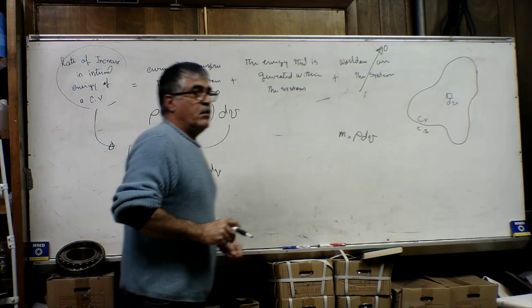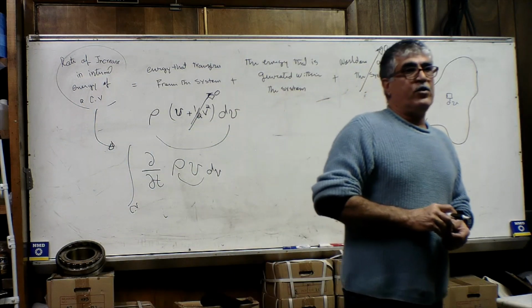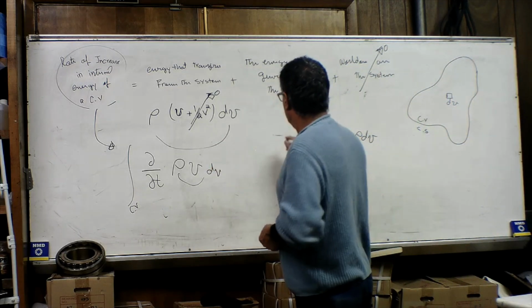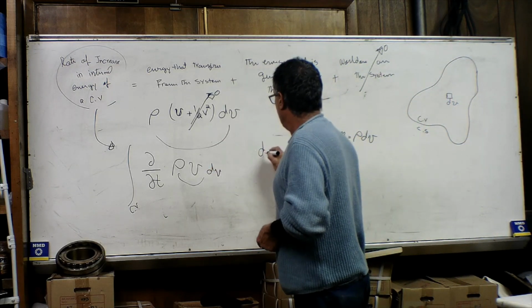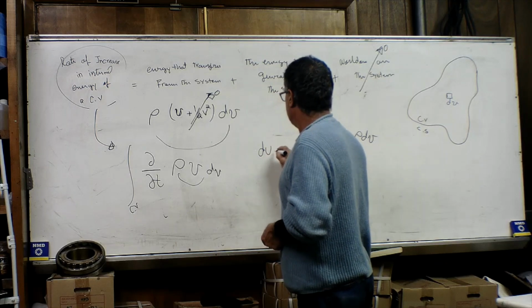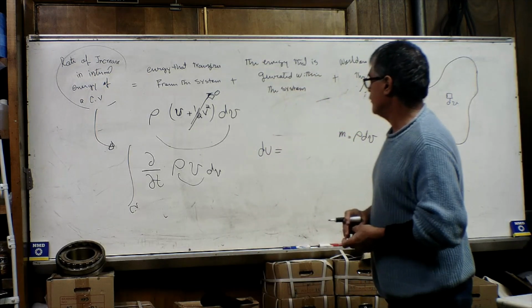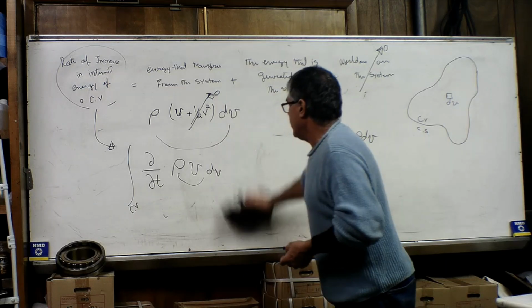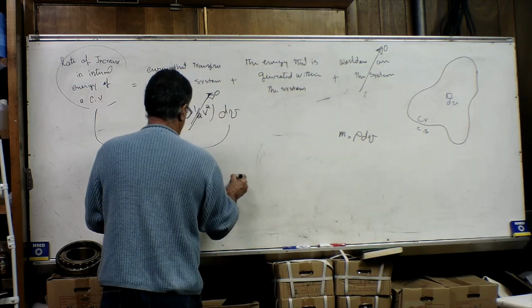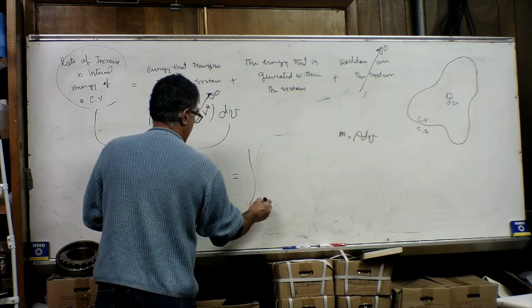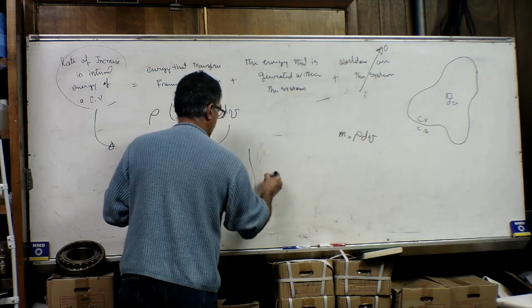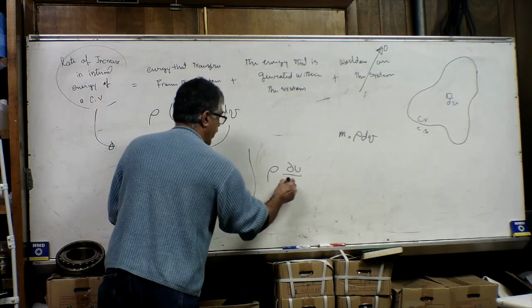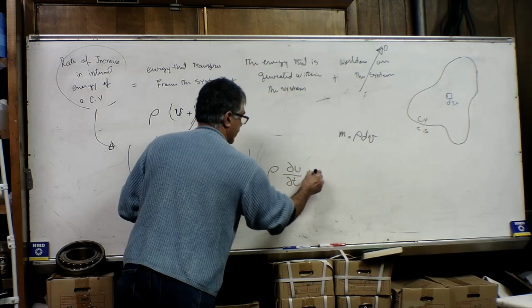Now, if we look at the thermodynamic law, we can write this as the integral of rho times the partial derivative of u with respect to time dV.